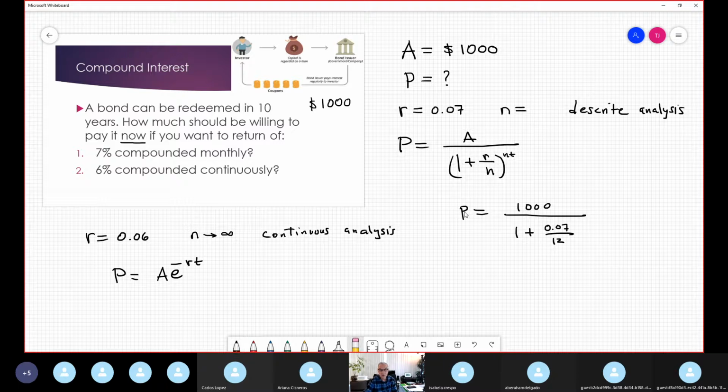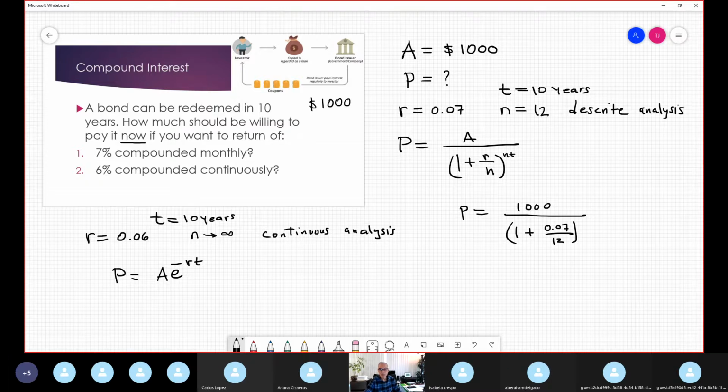It's 12. Raised to the, well, 10 years. T is given, sorry, I forgot to say that, 10 years. Here exactly the same, T is 10 years.